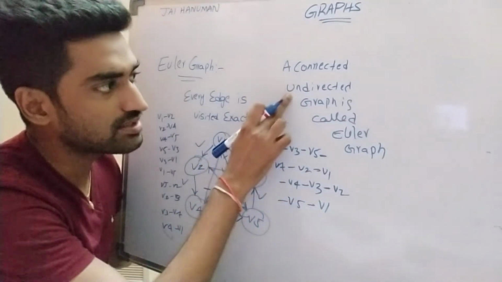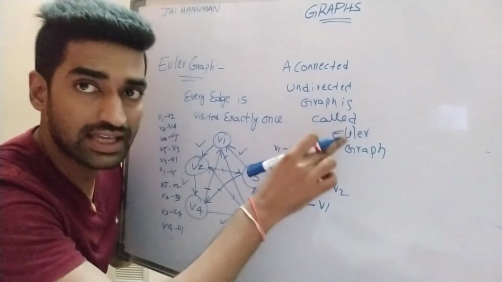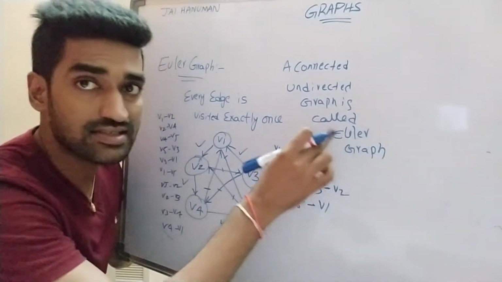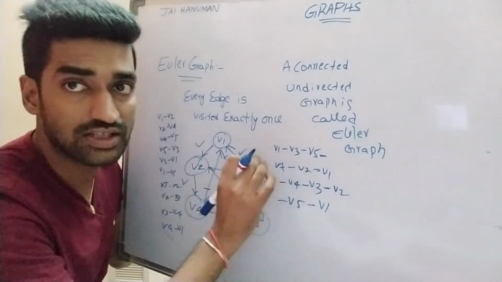So a connected undirected graph is called an Euler graph if every vertex has even degree, then that graph is said to be an Euler graph.